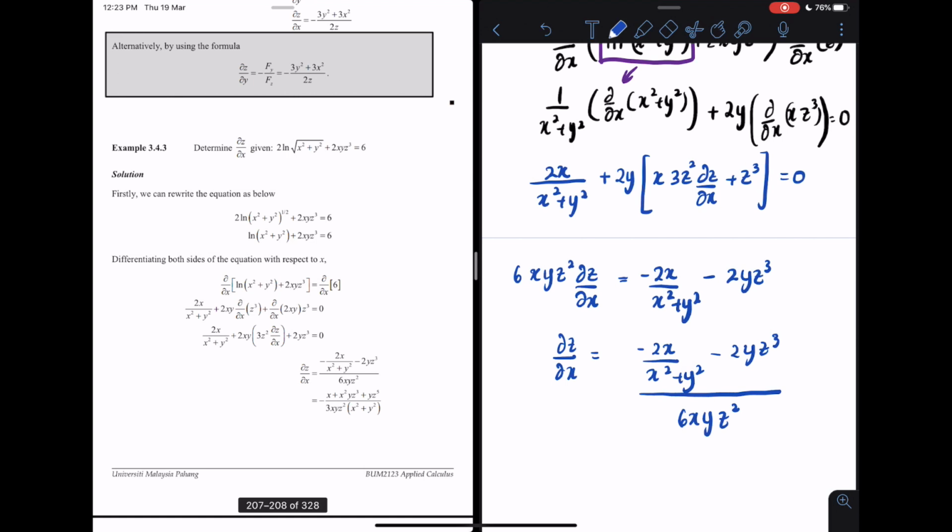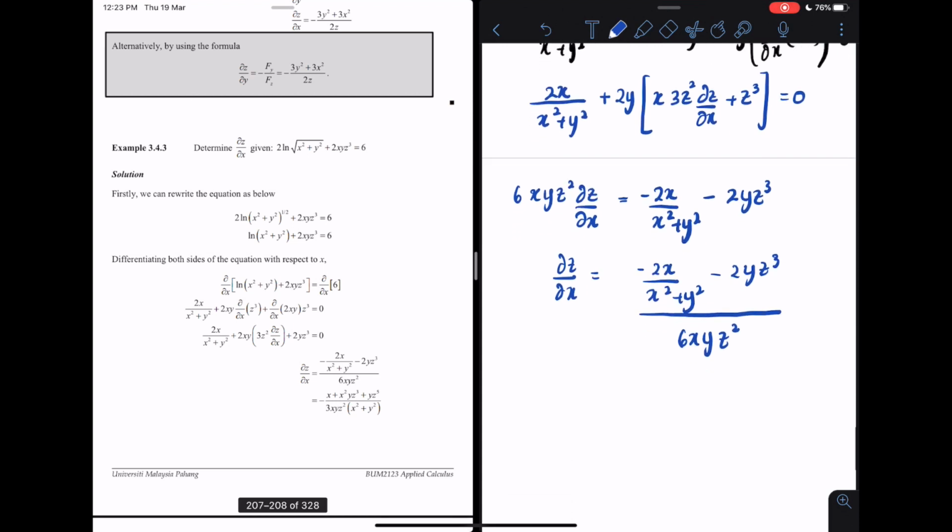Okay, you can leave it as it is, or you can try to simplify your answer. So my suggestion is that leave it as it is. No need for you to simplify your final answer.